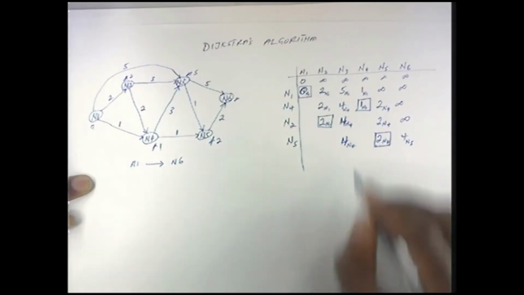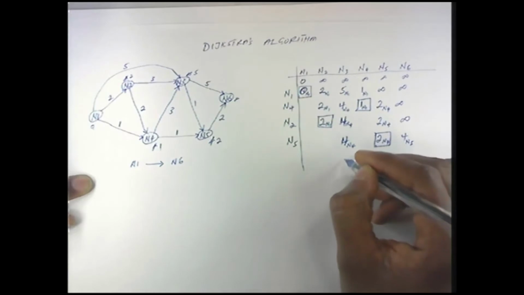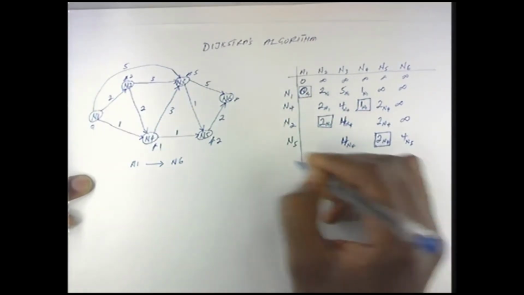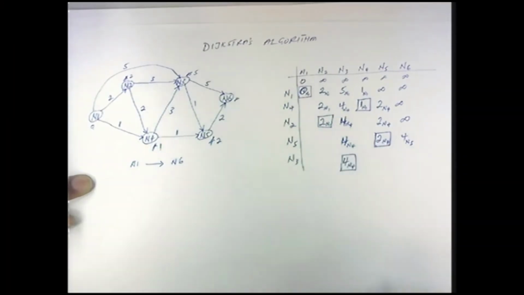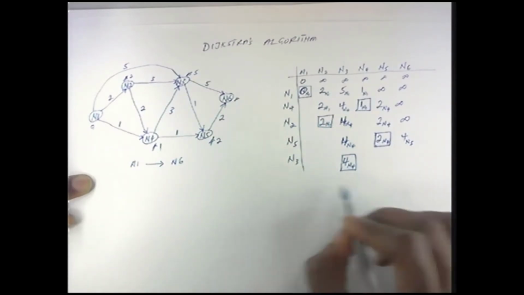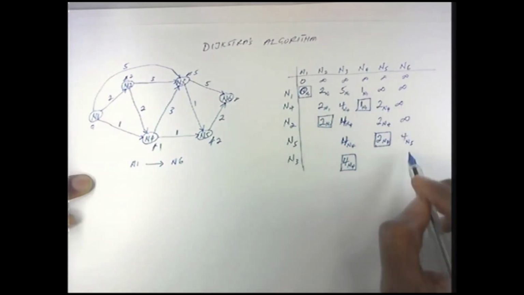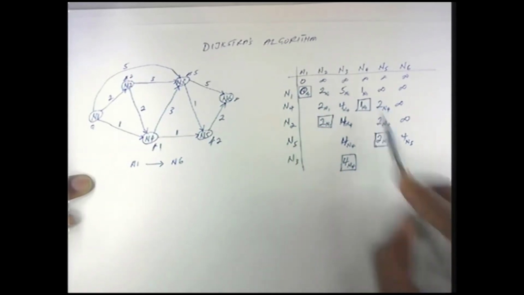Okay, so now I have 2 of the 4s. I can choose this one. Once I choose that one, I circle that box. It means now I have N3. Now, from N3, what is only left is N6, because we've already circled N1, N2, N4, N5.